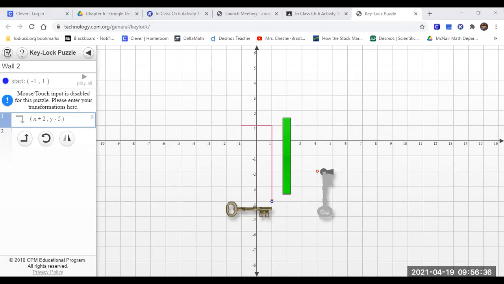Okay, spin. So do we want the head of the key to spin right, or do we want the head of the key to spin left?